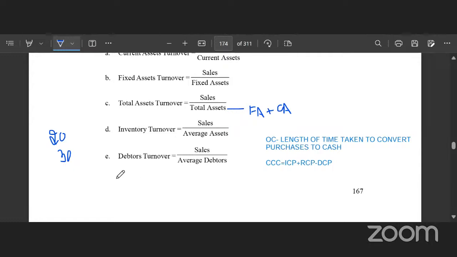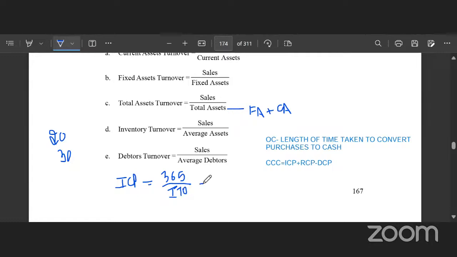Once you calculate inventory turnover, inventory conversion period equals 365 divided by inventory turnover.